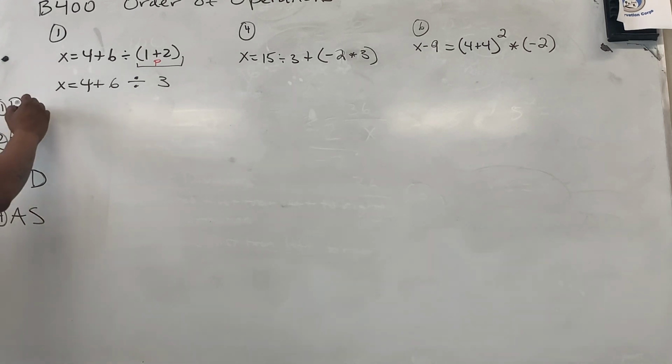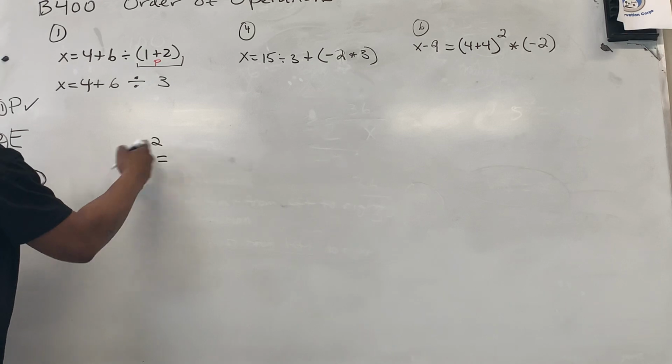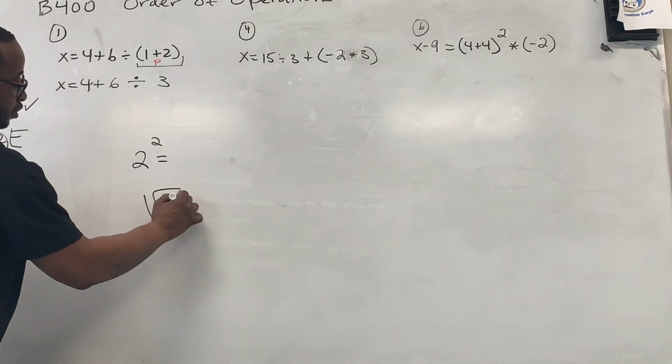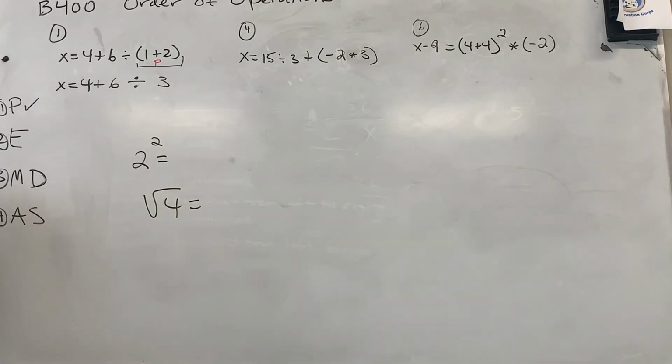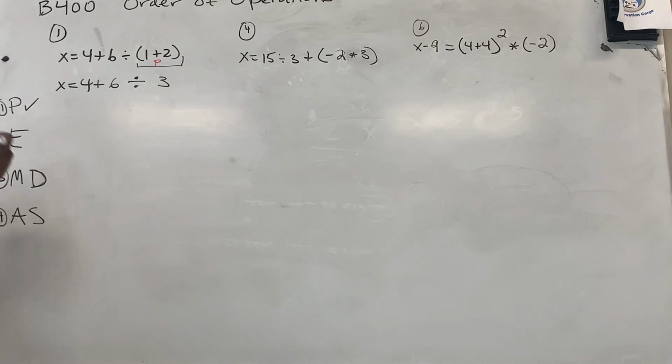Now, since I can check this off, I look for any exponents or square roots. Exponents or square roots are anything that look like this, or a square root, something that looks like this, okay? So we don't see any of that there, so we just check that off since there's none.